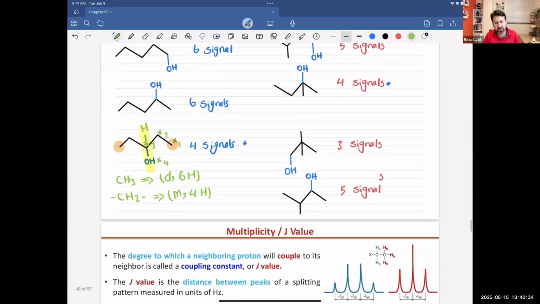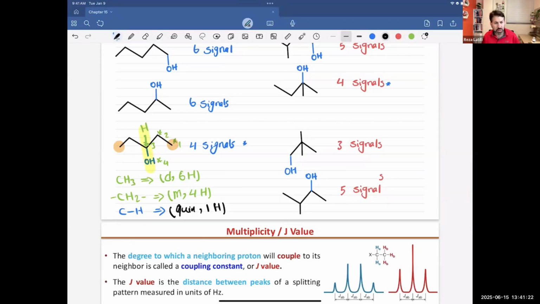And how about the CH? Talking about this one, we have neighbors, and the neighbors are CH2. We have 2 of them, so they will split it into a quintet, and that's going to give me an area equal to 1 hydrogen.